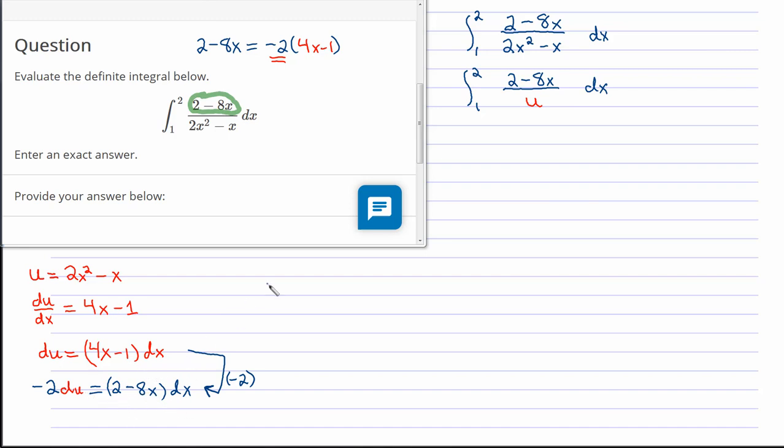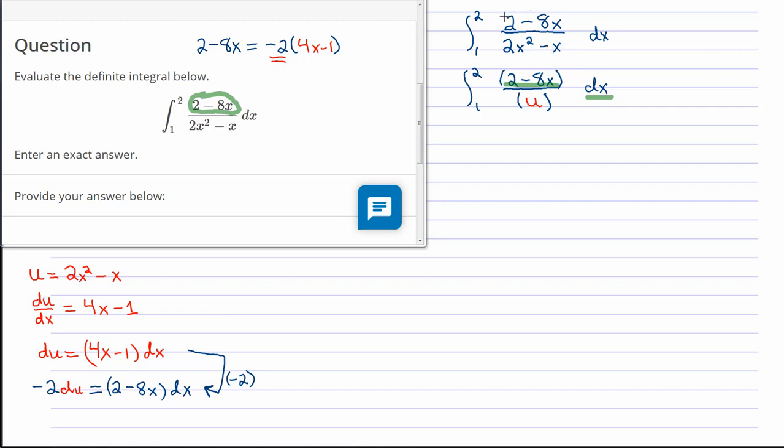And why is that so darn helpful? Well, because look at what we got in this formula here. I'll highlight it: here's a 2 minus an 8x, and here's a dx. Oh, and I should say that whenever you have a fraction, there are always invisible parentheses around the numerator and the denominator.